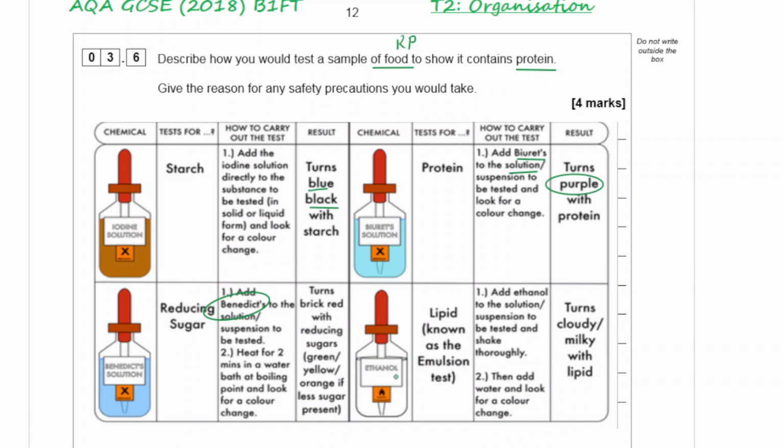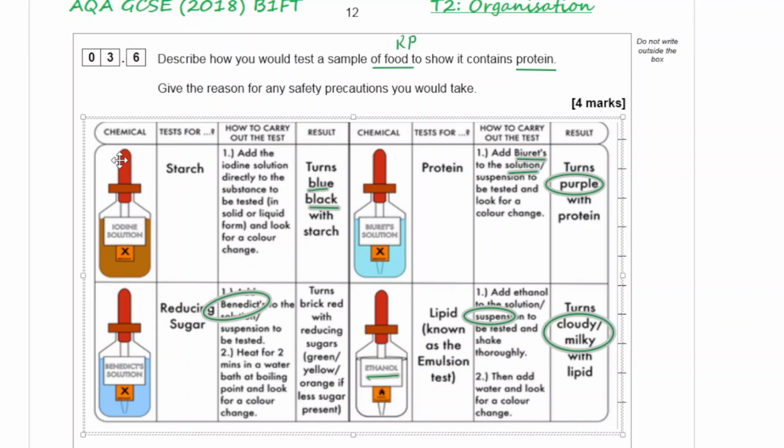And for lipids, you would add ethanol, which is basically alcohol, and you'll shake it, and it forms a cloudy suspension when you shake it. So the main thing is it turns cloudy or milky. So these are the 4 main food tests that you need to definitely know. There's a high chance that they can ask this in the 2026 exam paper. There you go. That's my first prediction.